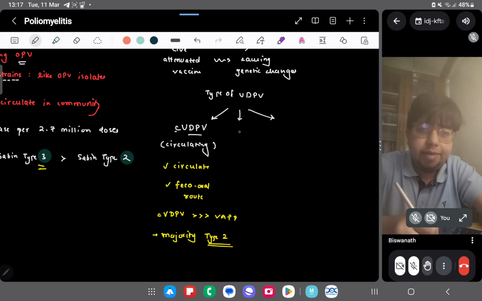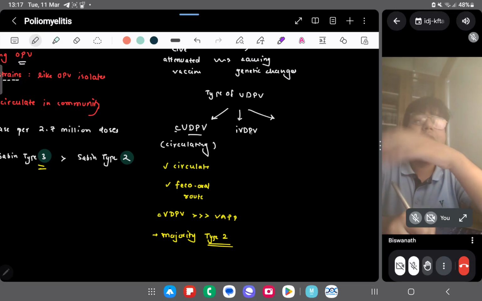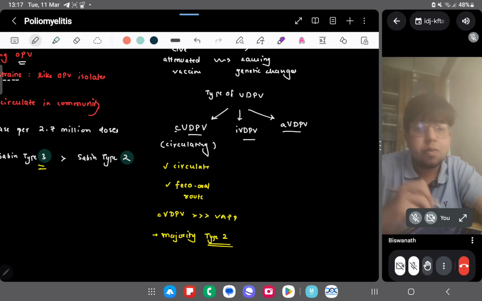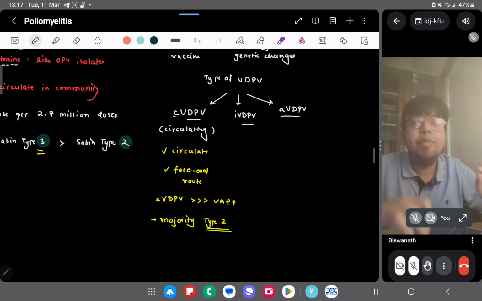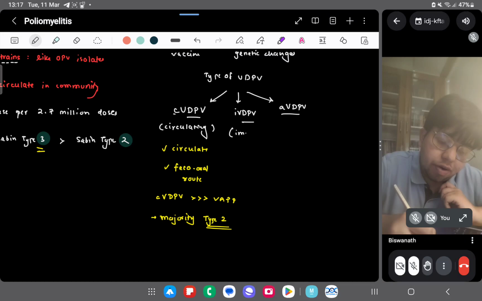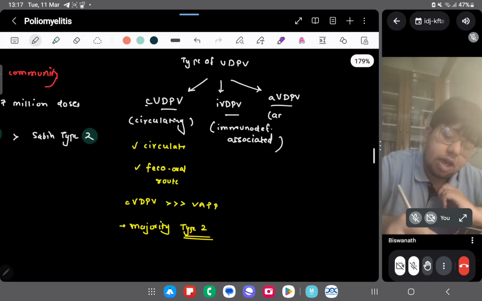Then IVDPV and AVDPV. IVDPV is the immunodeficiency-associated VDPV, and AVDPV is the ambiguous VDPV.